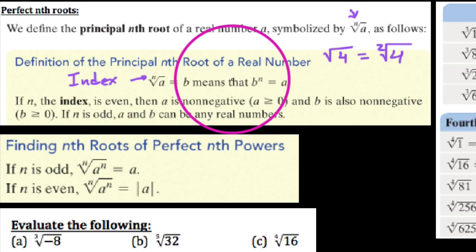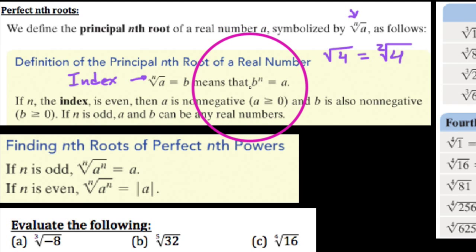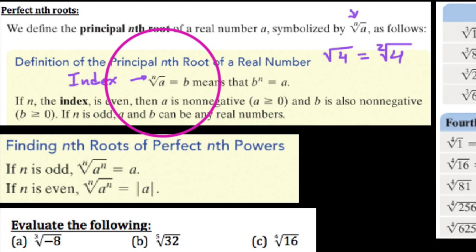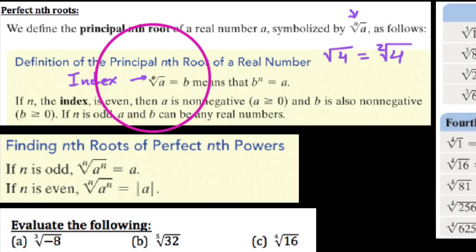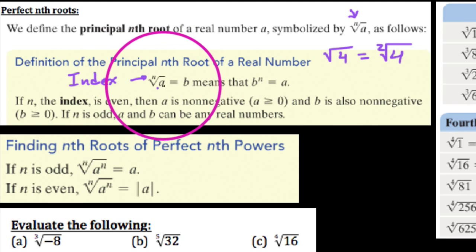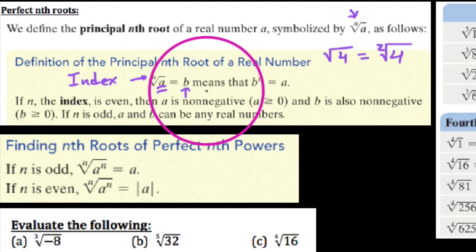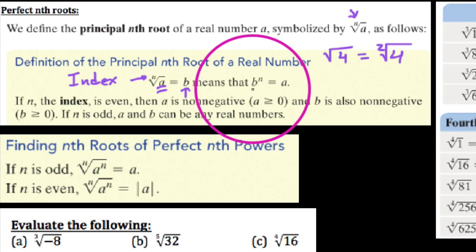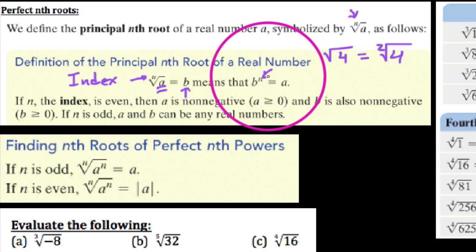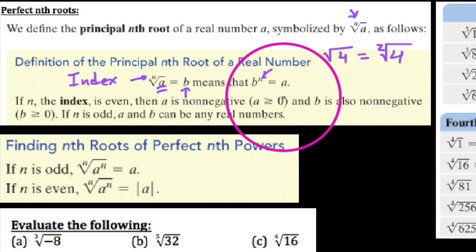So we can have cube roots, fourth roots, fifth roots, any root you want, but we're saying what number could I take times itself, the index number of times, to get a exactly, and that number is going to be b, and just by definition we say b to that number, times itself that many times is equal to a, okay? That's the definition of it.